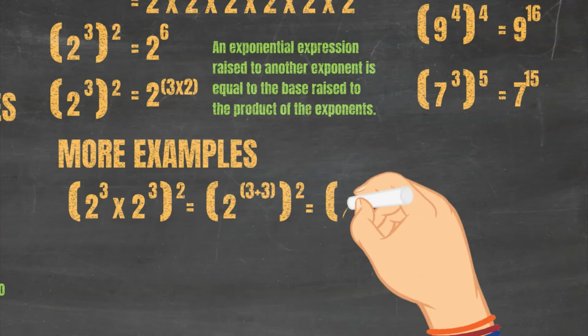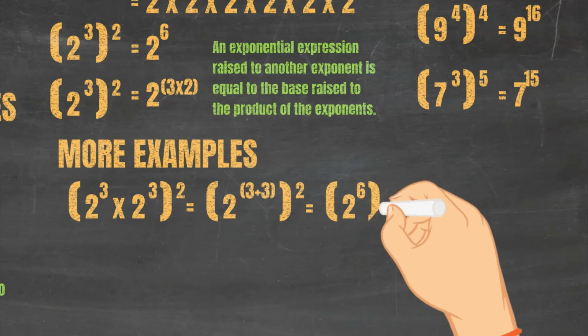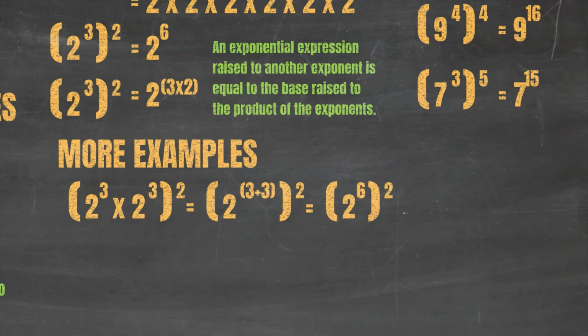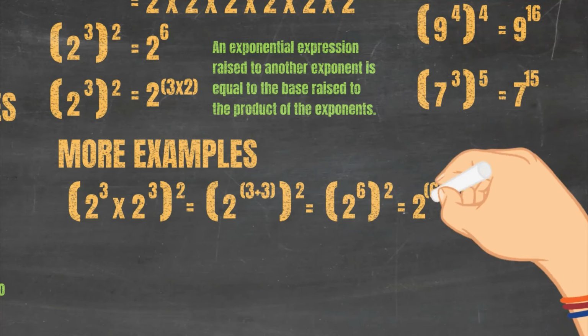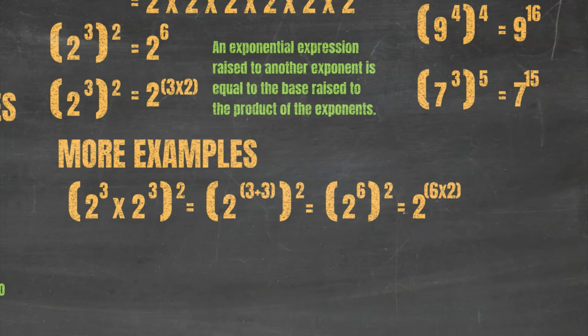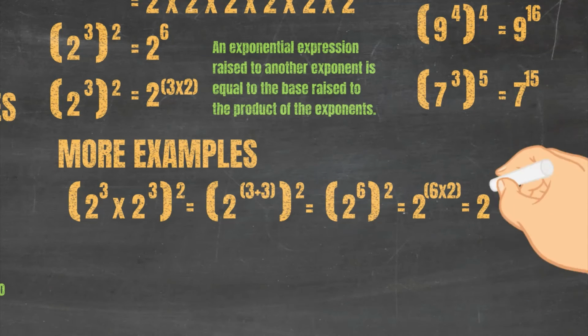The expression then becomes 2 to the 6th power squared. Applying the laws of exponents, the base is copied and the exponents multiplied. 6 times 2 equals 12. The quantity of 2 cubed times 2 cubed squared is therefore equal to 2 to the 12th power.